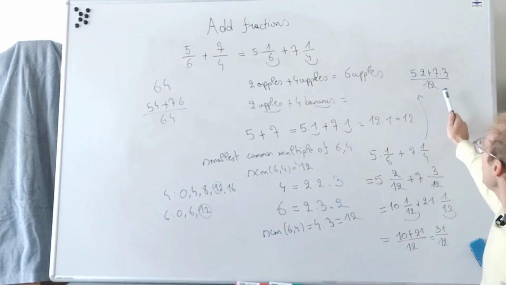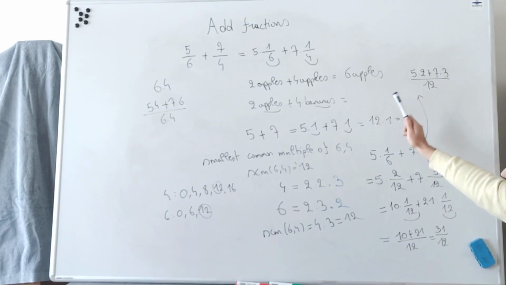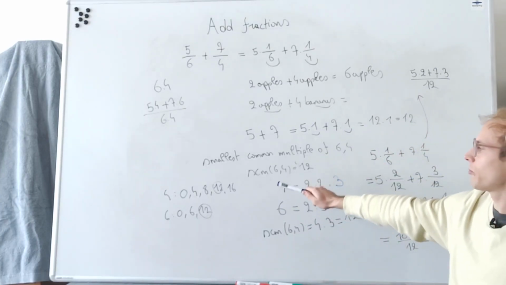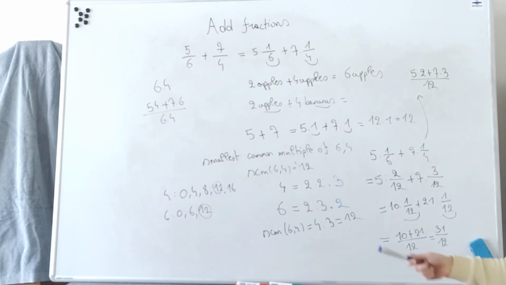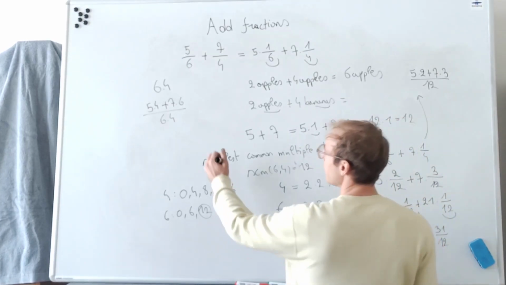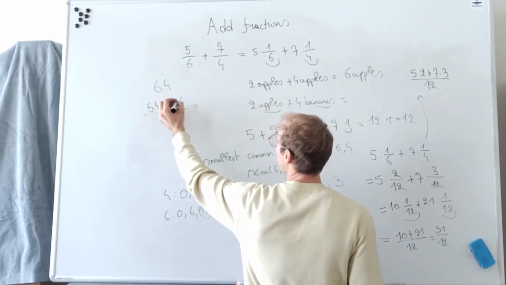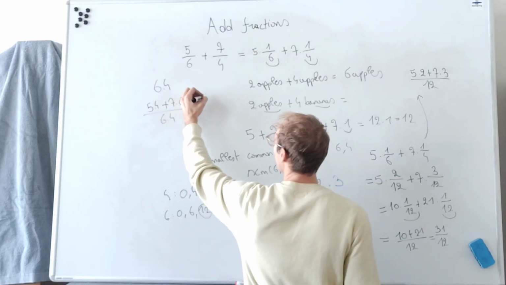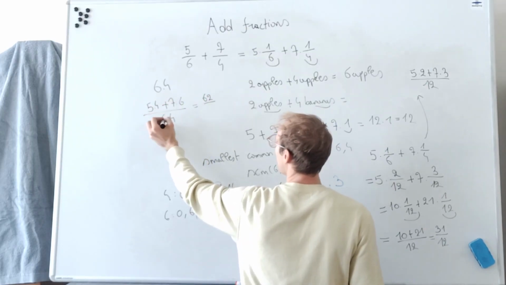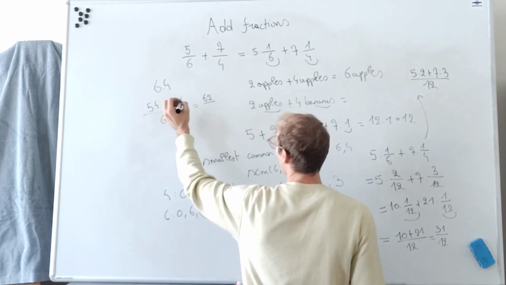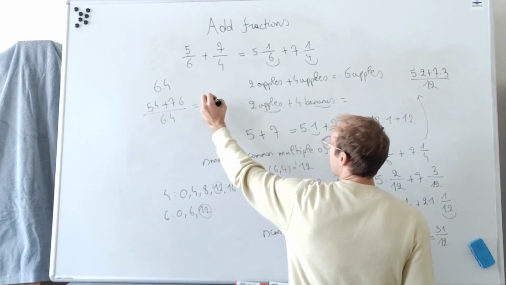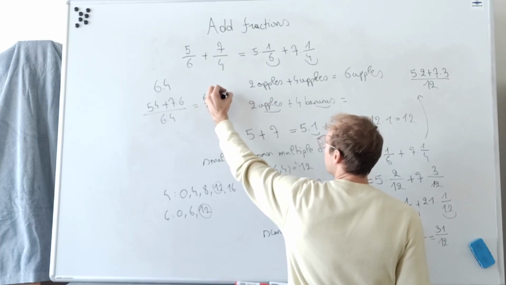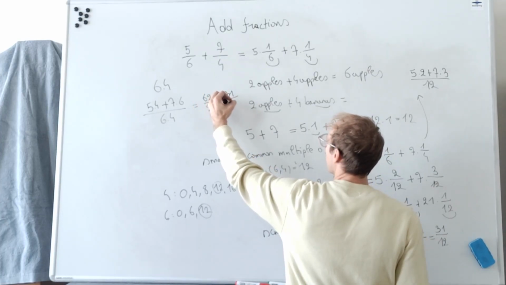But you can see here that with a little additional work, because these numbers were easy to factorize, the numbers that we actually have to calculate with are smaller. So this also works. This is just 20 plus 42, which is 62, divided by 6 times 4, which is 24. But then you see there is a common divisor of 2, which gives 31 out of 12.